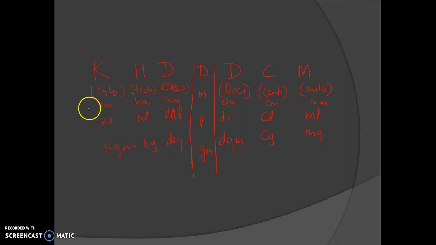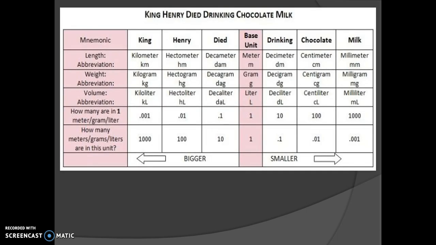So this is your table. Your table should look like this. So it has kilometer, hectometer, decameter, this for meter, this is for gram, this is for liter.